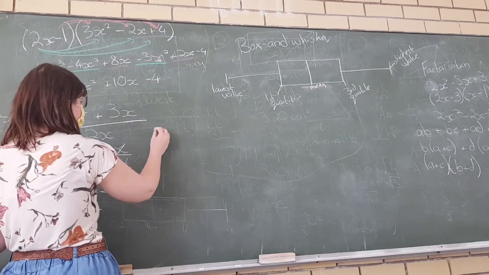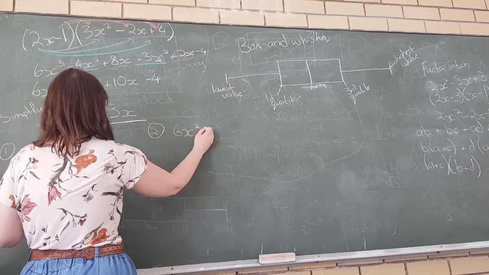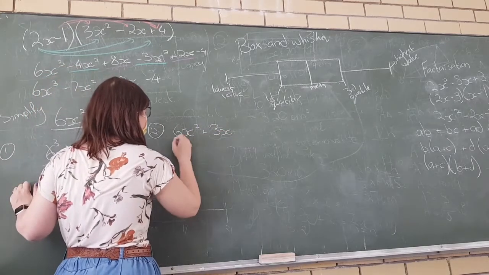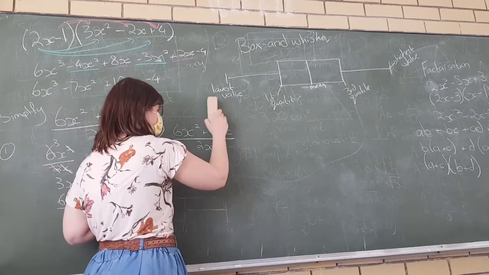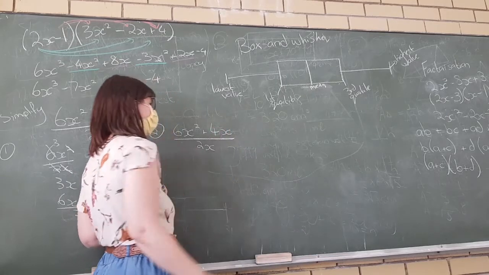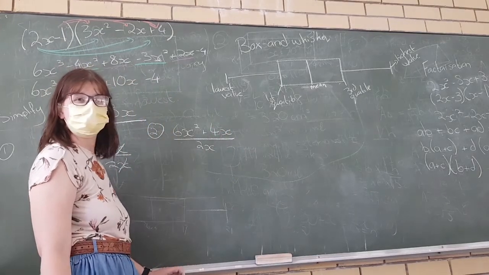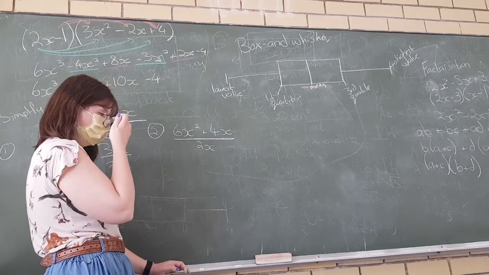Alright guys, the factorization way to do it. Method 2. So I've got 6x squared plus 3x over 2x. Let's do the factorization method with a slightly different number, with 4x. Change the 3 to 4.